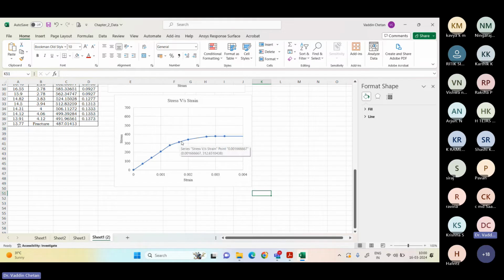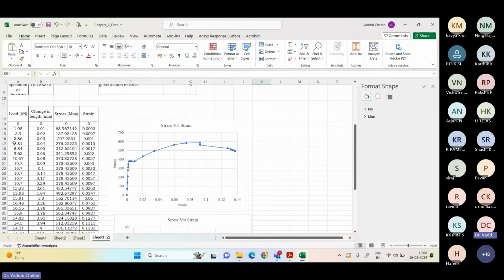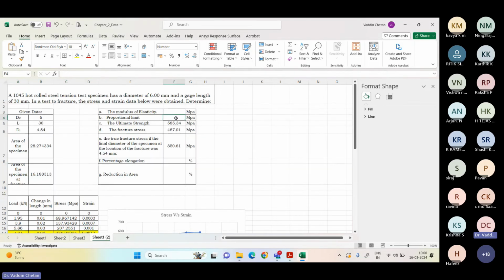So this is a point, 276.222, that is corresponding to here. Let me highlight this. And this is my proportionality limit, I can select this. So that is 270.